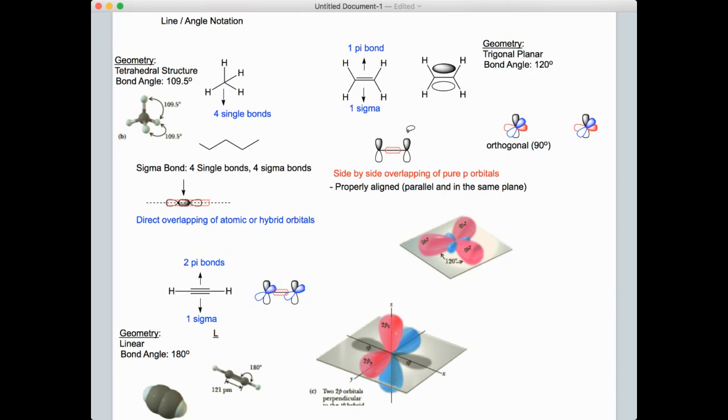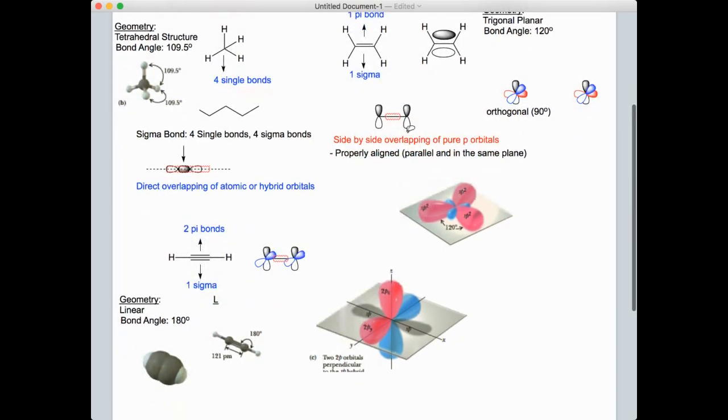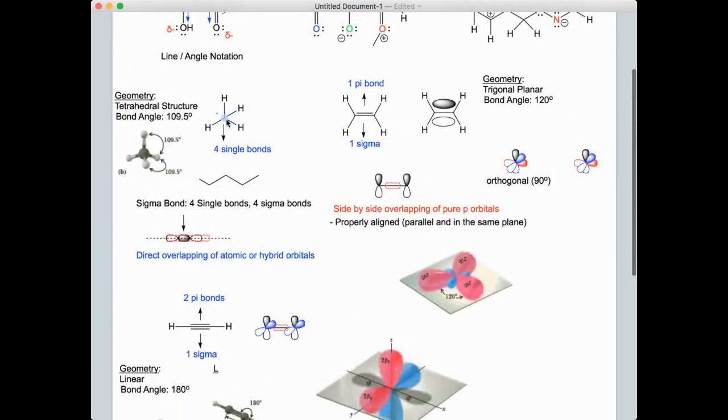Now we have to think about what kind of orbitals the carbon atom is using for bonding, for example, to these four hydrogen atoms. What kind of orbitals is this carbon using to bond to these two hydrogens and to this carbon? The pi bond we know is a p orbital.